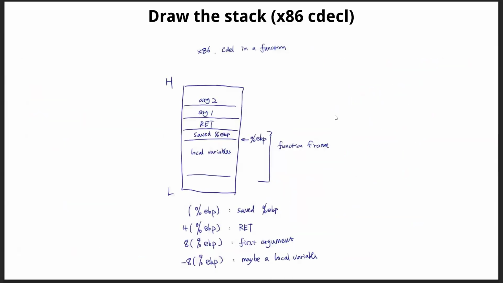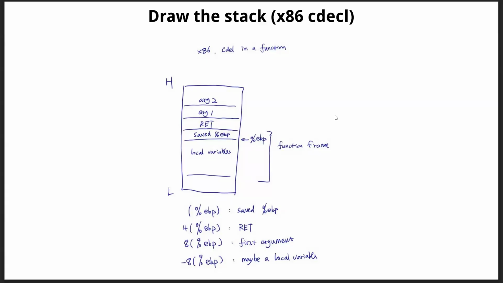Okay, so now you can have a basic understanding of what the stack looks like. This is for 32-bit. At the very top, we have the arguments, okay? In this example, we have two arguments, arg2 and arg1.